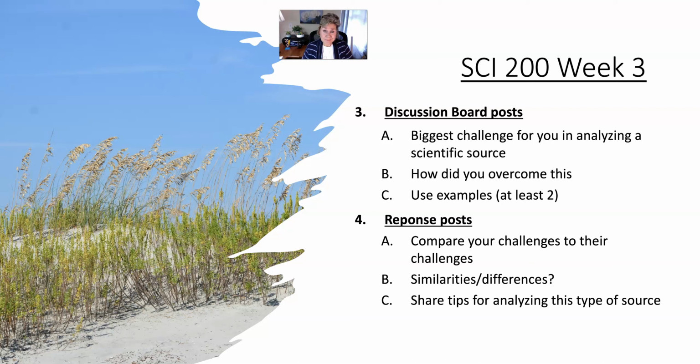So yeah, there are lots of words that you don't know, lots of terminology, and that is true for every subset of science that we study. How did you overcome this? How did you figure out how to analyze the scientific source? Include at least 2 examples of what you saw as a challenge and how you overcame it.